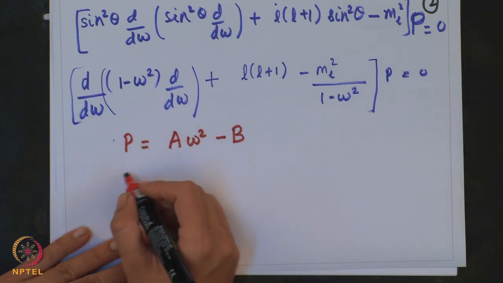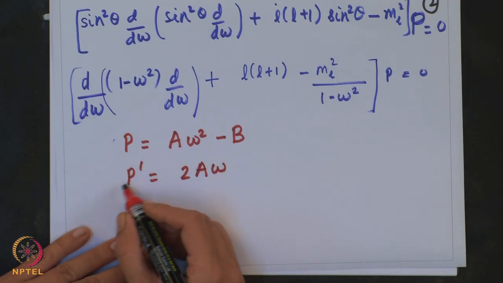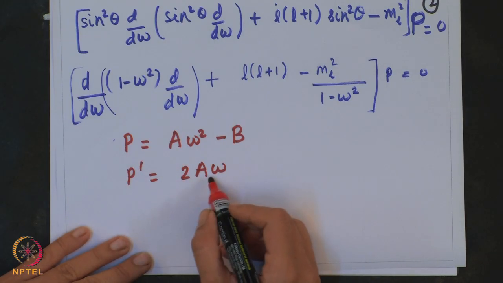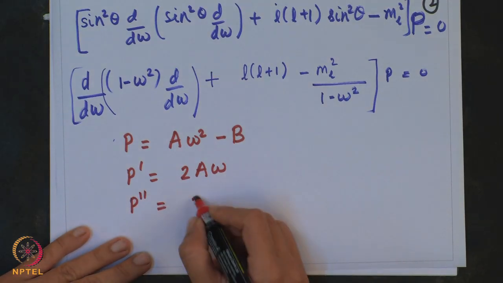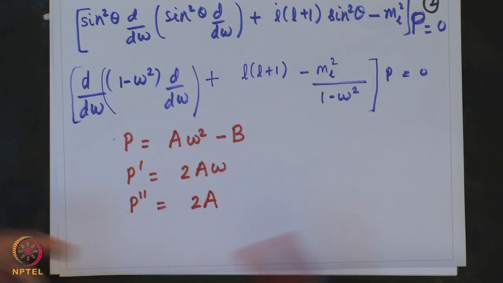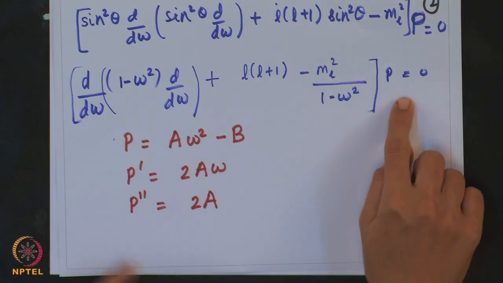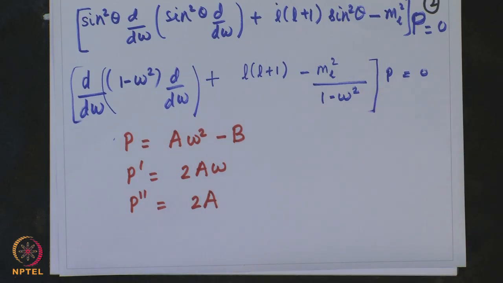So, from here you can write what P prime is. P prime is 2a omega, that is dP upon d omega is 2a omega, and when you differentiate again you get 2 times a, right. Now, I will substitute these values in this equation.